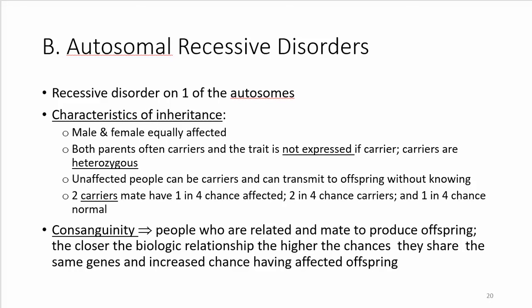So if two carriers have a baby, there's a 25% chance that the disorder will be in the child. There's a 50% chance that their children will be carriers, and there'll be a 25% chance that the child will be a normal homozygous non-carrier.